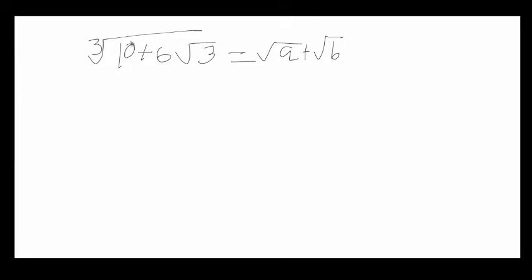But while finding the cube root, that's not the case. We have to equate this to a plus root b. The variables can vary, like x plus root y. So this is the format, and as I said, the method is the same.